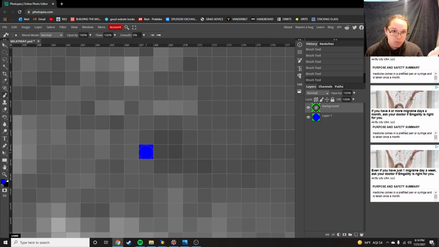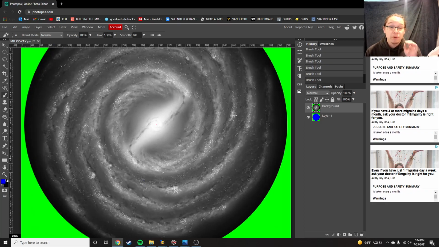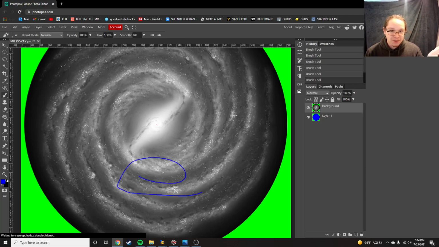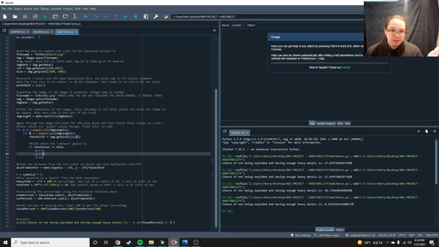You have to do 1 pixel, which when you zoom out doesn't look like very much. But if you do not do that 1 pixel, it will only read the first pixel that shows up. So it has to be a single pixel. You can't go something like this because it'll get all confused and it won't know what pixel you actually care about.